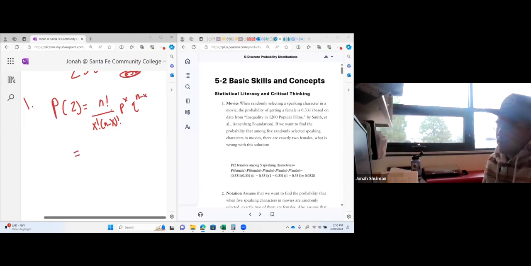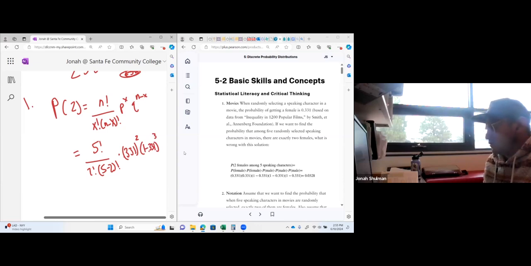So here we go. 5 factorial over 2 factorial times 5 minus 2 factorial, and then I'll let the computer do it. The first one, what's the chance of getting the female? What we want is 0.331. We're raising this to the second power, and then it's q, which is the opposite, 1 minus 0.331 raised to the third power.